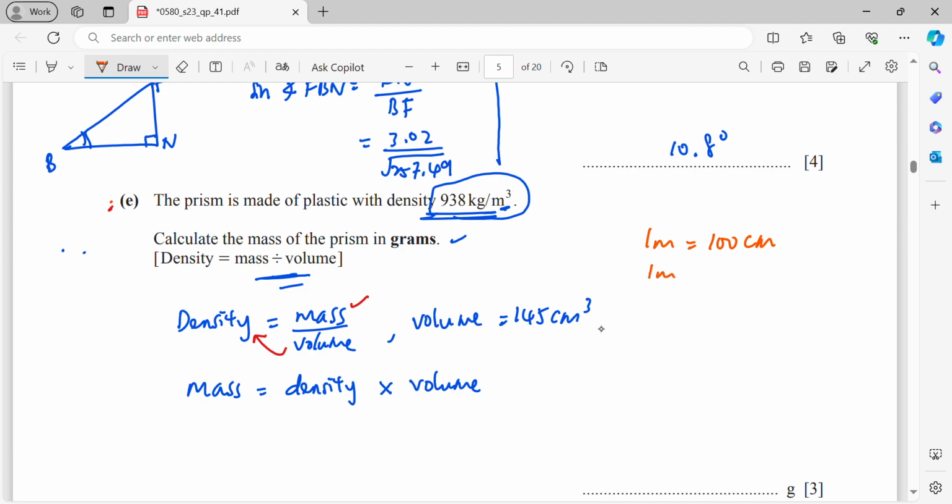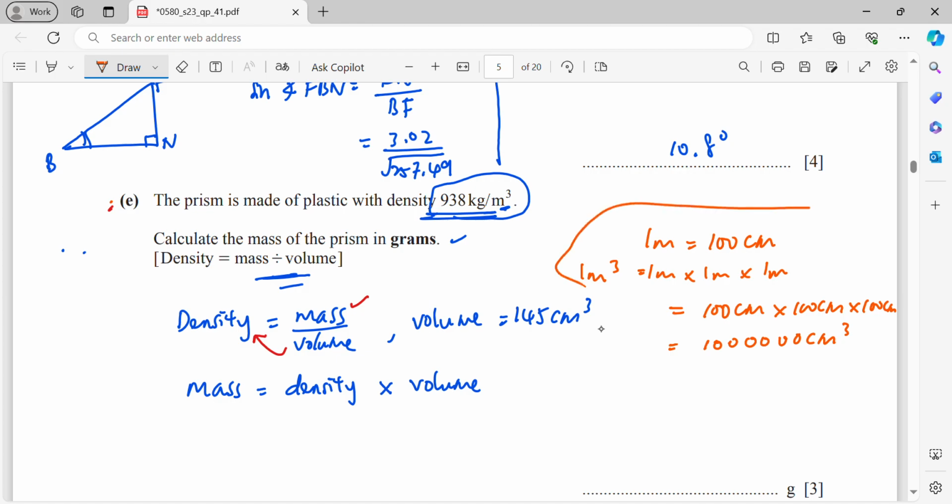So if 1 meter cube, that means 1 meter times 1 meter times 1 meter, it will be 100 centimeter times 100 centimeter times 100 centimeters. That means this is going to be 6 zeros. This will be the centimeter cube. Okay, so now I need to use this conversion in the calculation.